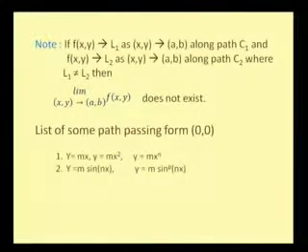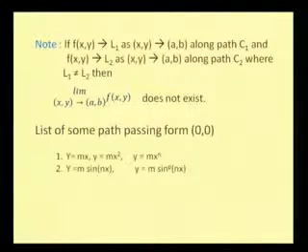So if I approach by C1 path and I get the limit L1, if I approach by C2 path and I get the limit L2, and if L1 is not equal to L2, then we can say that the limit as xy tends to AB of f of xy does not exist, right? It means that if we approach from different paths and get different limits, the limit does not exist. If the limit exists, then it must be the same for all paths, right?